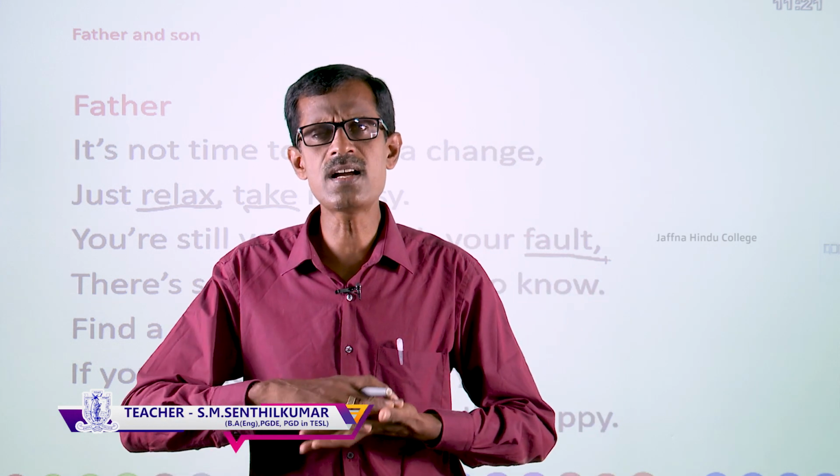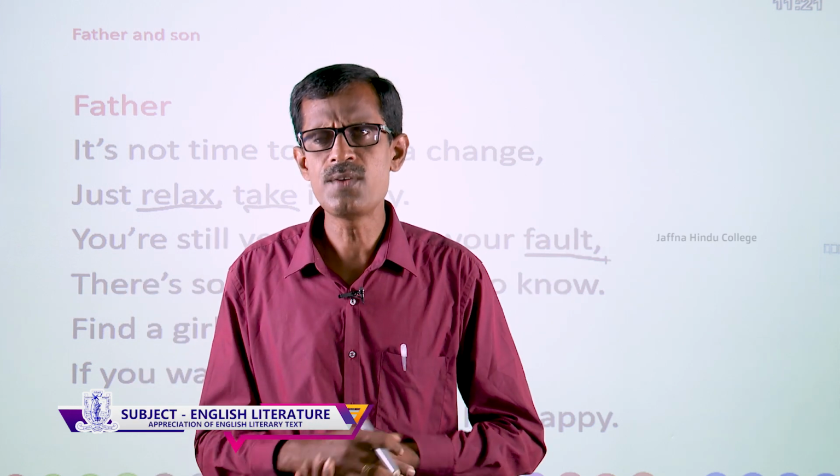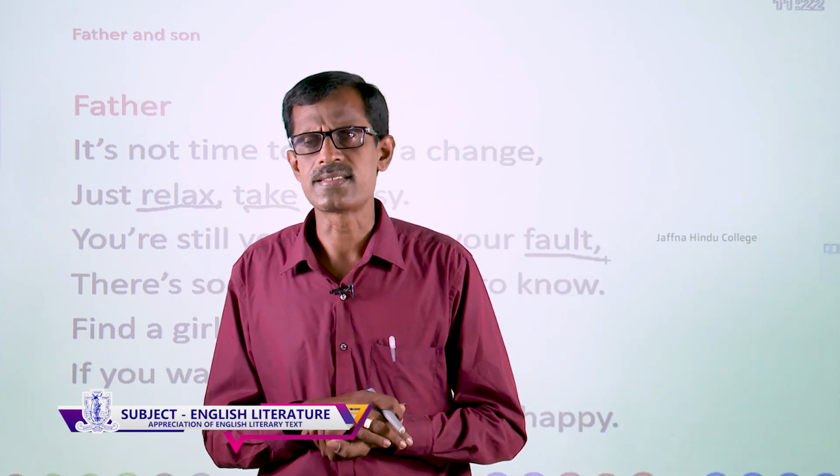I am right, very happy. I fulfill my needs. I am so happy. Right? The son belongs to the modern society. So his needs are many. He can't fulfill, he can't satisfy, right? He needs so many things.